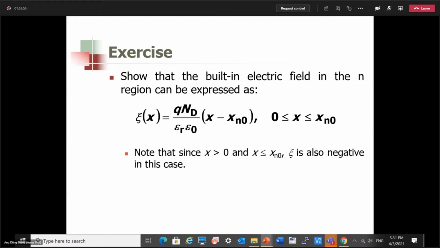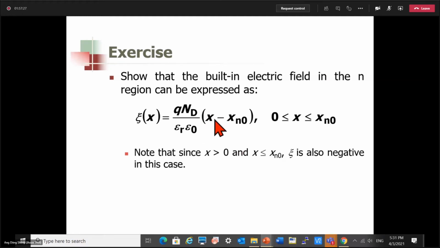At this point, we have one equation that describes how the built-in field changes with distance in the space charge region on the P side, and a second equation that describes how the electric field varies with distance for the space charge region on the N side. The next question we should answer is, what about the electric field at the metallurgical junction where x equals 0?